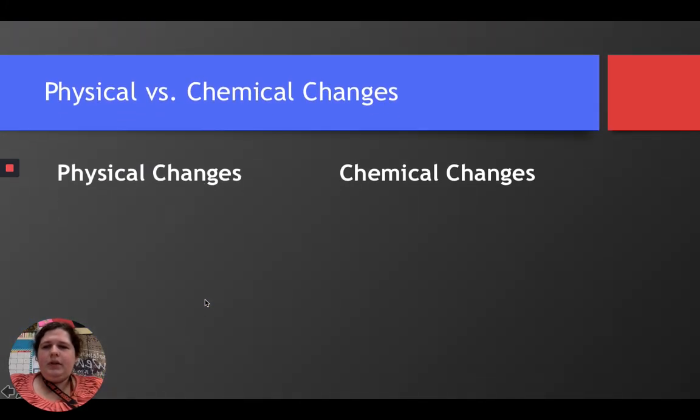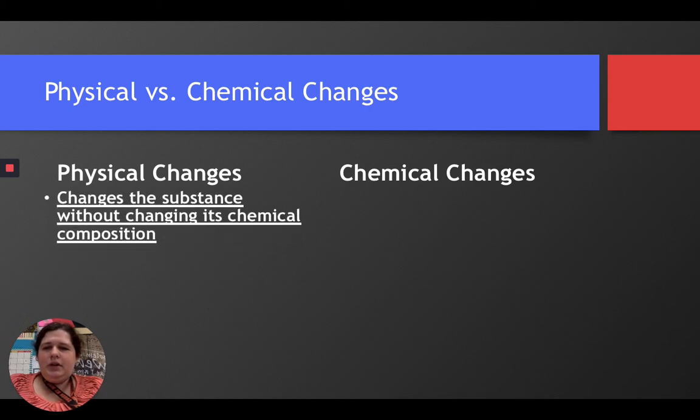All right, so let's talk physical and chemical changes. Physical changes are things that can change the substance without changing the chemical composition. So I can change what it looks like, I can change how much there is, but I'm not changing what it is. So let's say that I have a soda.